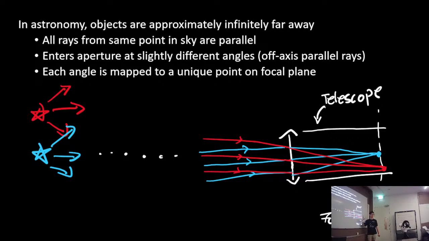While the red light comes in at a slightly different angle, which corresponds to a different point in the sky, it all converges to one single point on the image focal plane. So in order to form an image, basically you collect light from all sorts of different angles and map it to different points on the focal plane. This is one thing you need to keep in mind.